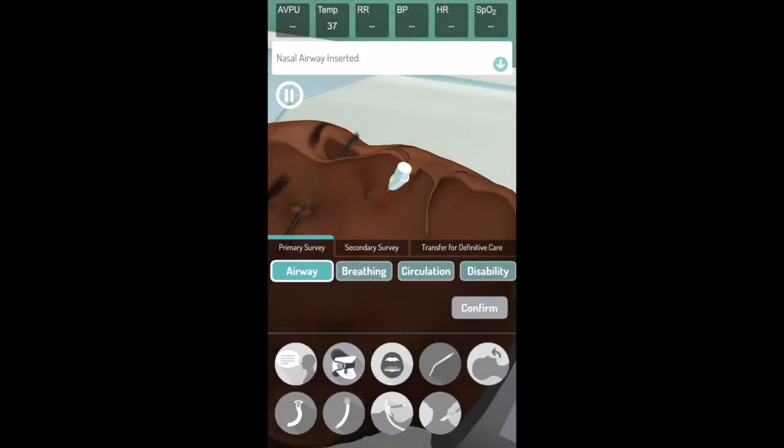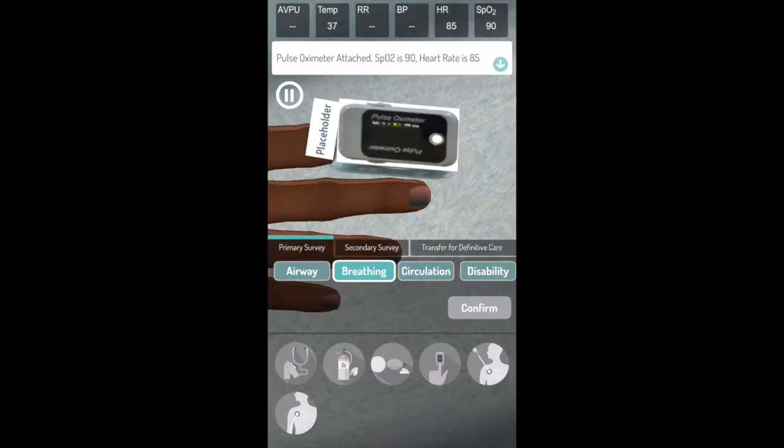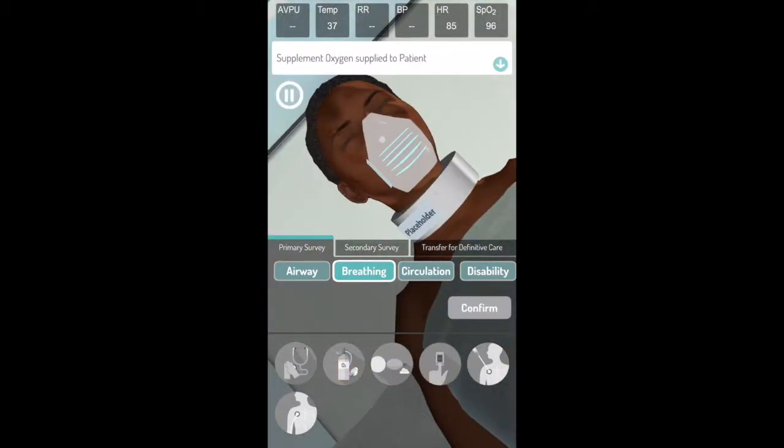I move on to the next part of the primary survey. I check her breathing. I want to put on her pulse oximeter, and as I do that, I automatically add oxygen because a traumatized patient always needs supplementary oxygen. She's breathing now, she's oxygenated, or at least her oxygenation is improved.